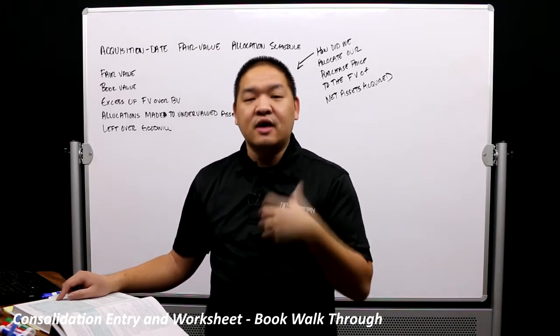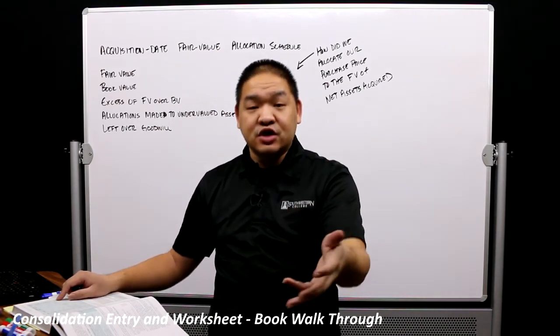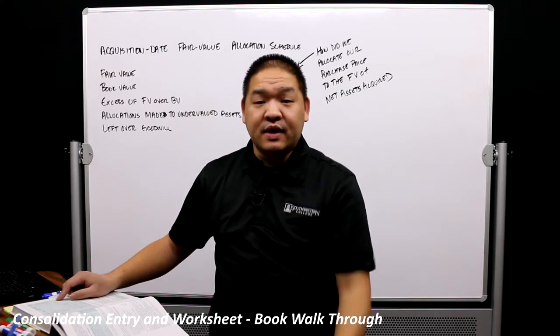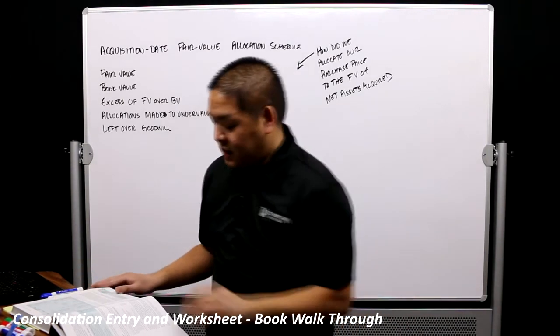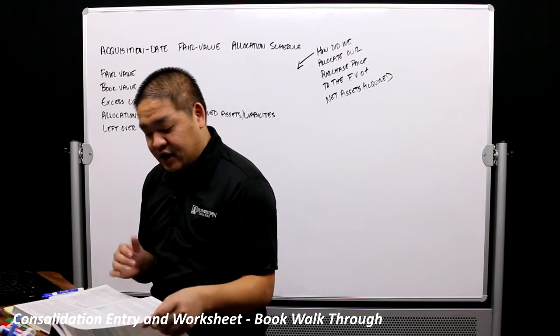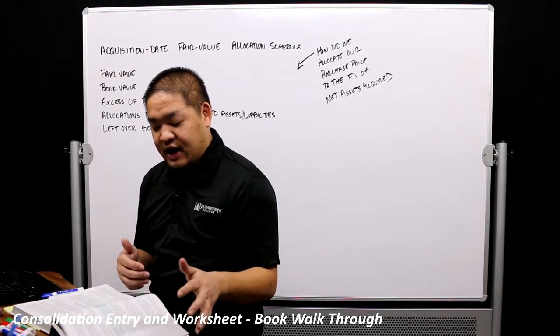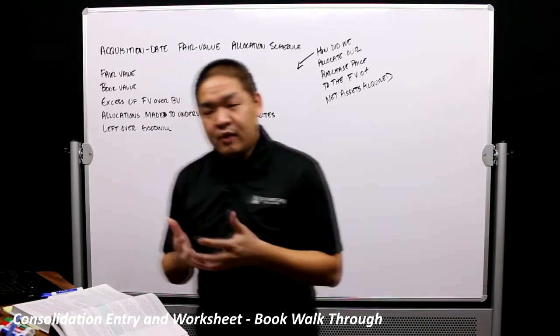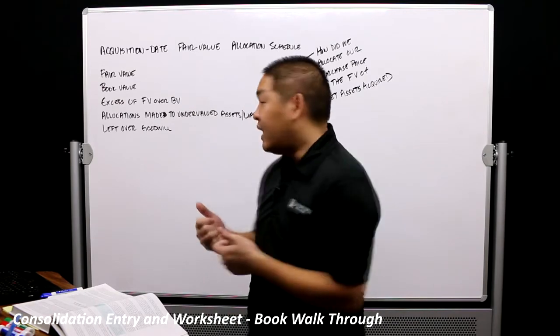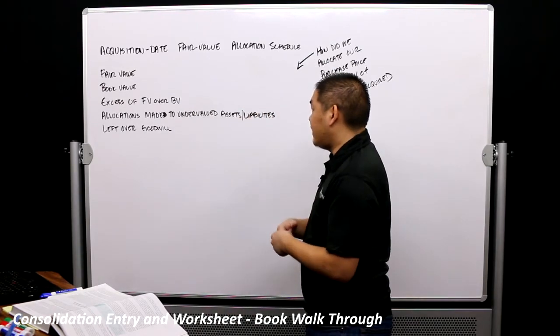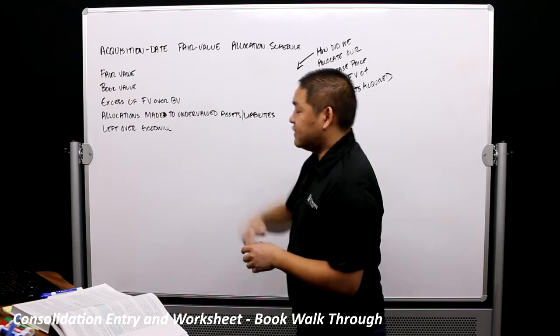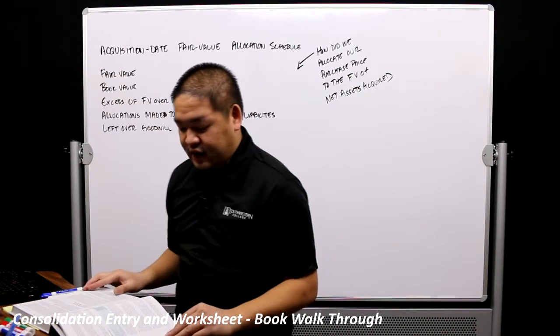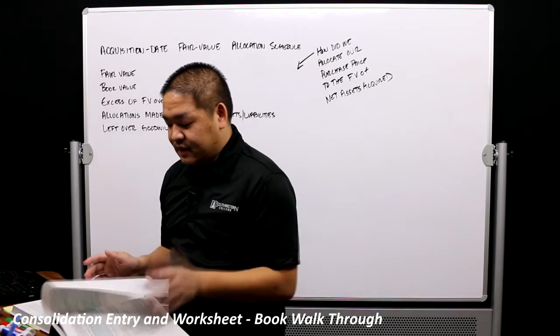So as we consolidate, we're going to put those assets back at what they should have been, but we didn't book it because we were keeping two separate books. And we continue to do that. So that's what Consolidation A is. Consolidation A kind of steps up or reallocates those undervalued assets with the excess of fair market value over book value. So that's kind of the mechanics of the worksheet.